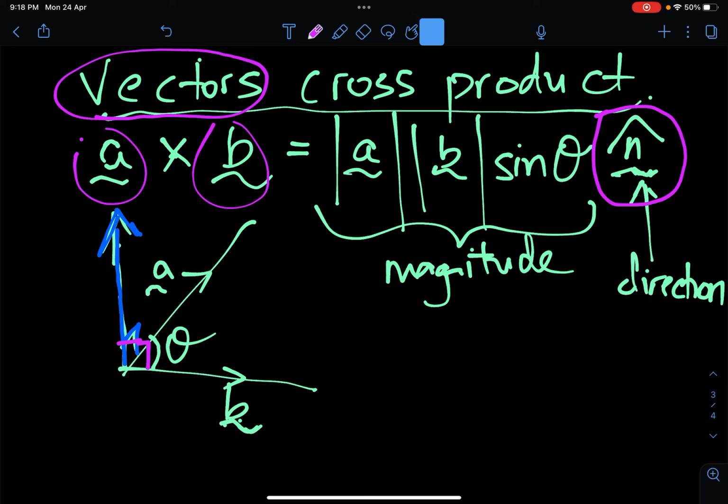Once again, if A and B are on this screen, the resultant n comes out of the screen or goes into the screen.